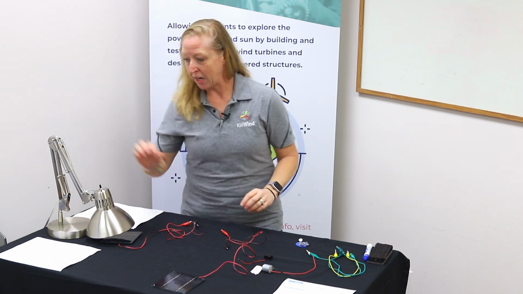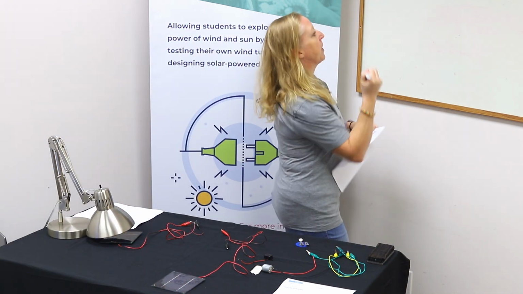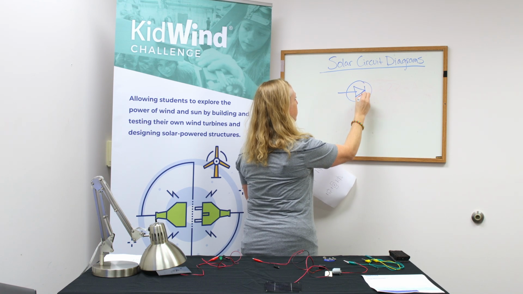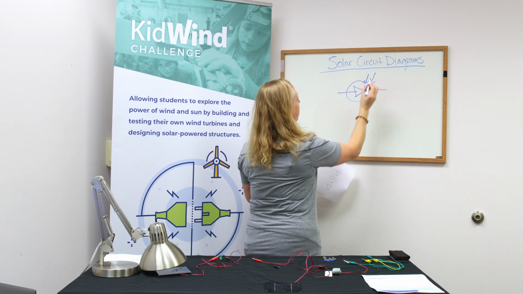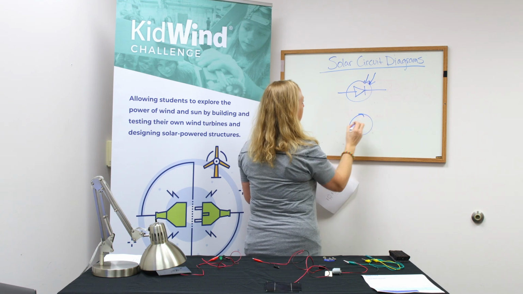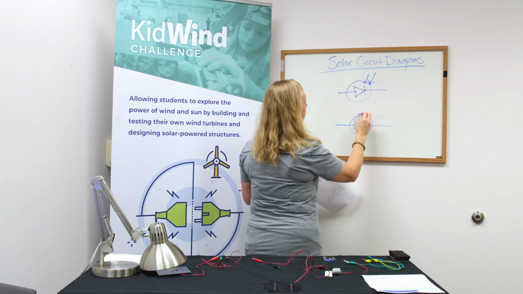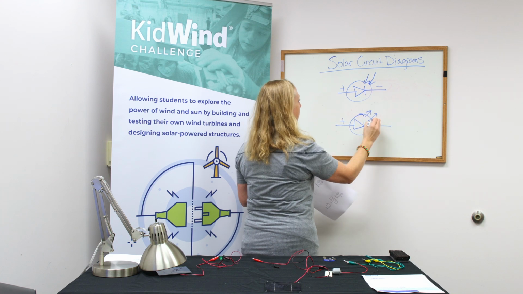If we were to diagram that, we utilize our circuit diagram key. We indicate a solar panel as power coming in, and then we indicate a light kind of the same way, but with the energy going out. And we have to label the positive and negative side.